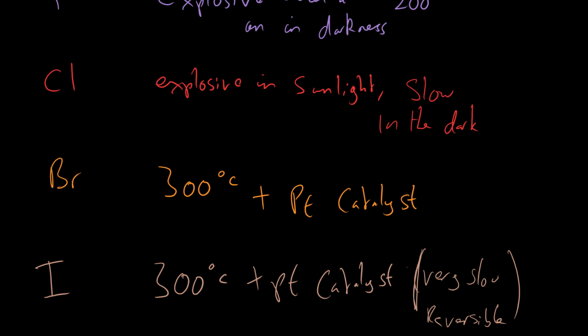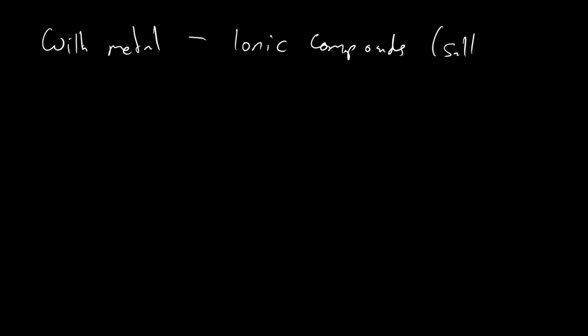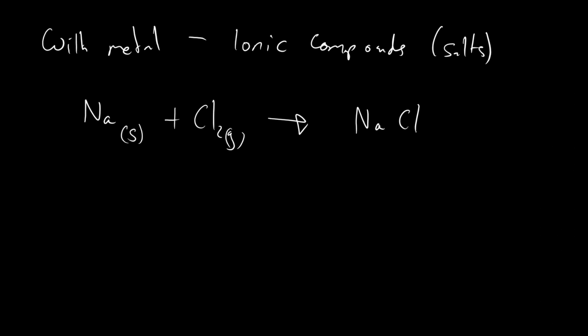Okay, now if the halogens react with a metal, we form ionic compounds. Okay, and normally they are referred to as salts. For example, one you will have heard of is sodium, which is a solid, plus chlorine gas, going to give you sodium chloride.